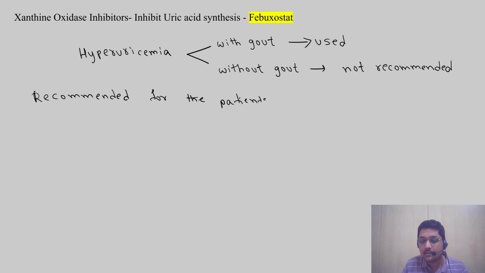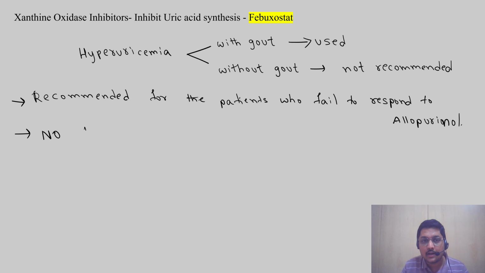Okay, for the patients who fail to respond to allopurinol. When I tried allopurinol, if the patient does not respond, then I will think of prescribing febuxostat, right? Okay, what is the beautiful point with this febuxostat? Yes, febuxostat does not demand any dose adjustment when the person is having renal impairment.